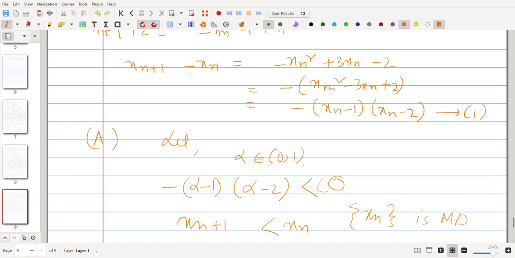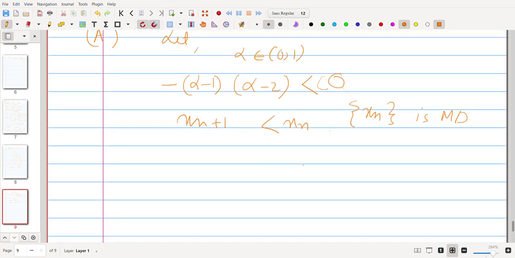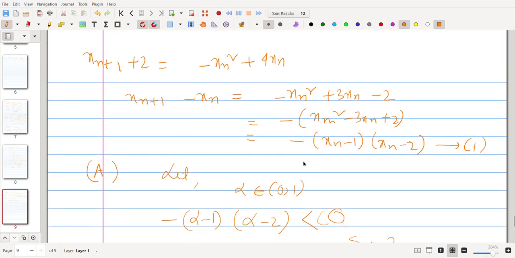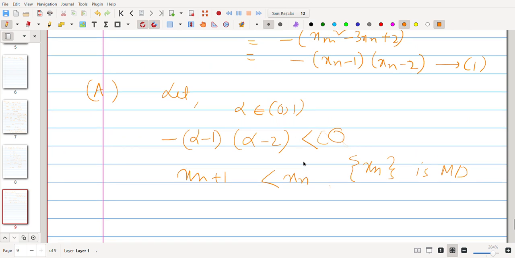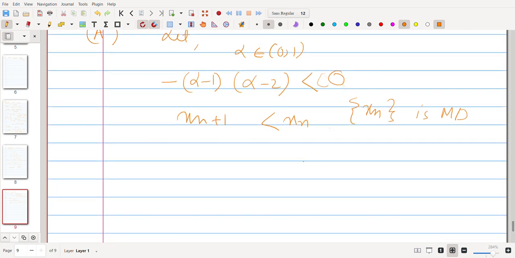Before going further, we need to check one thing that will be easier for us. If the limit exists, then what will be the value of the limit? Let the limit as n tends to infinity of x_n equal L. That will imply L squared minus 3L plus 2 equals 0, so L equals 1 or L equals 2. Since x_n is monotonically decreasing and x_1 is alpha, which lies between 0 and 1, x_n is always less than 1, so it doesn't converge to 1.